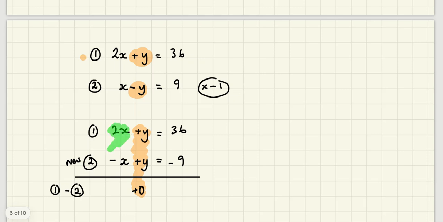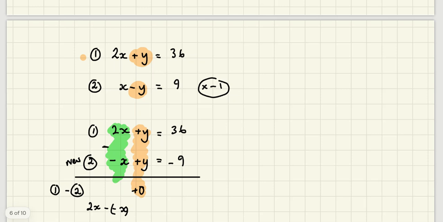What about 2x subtract negative x? If you subtract a negative, you get an addition, so that becomes positive.